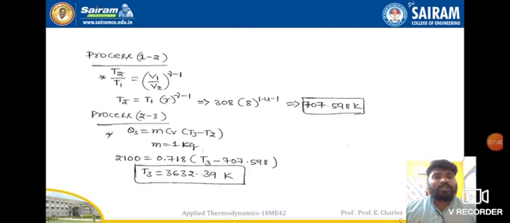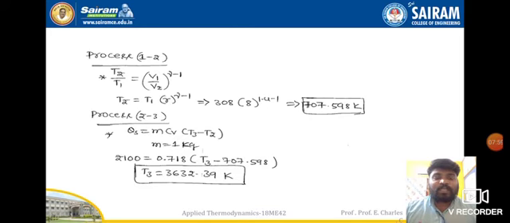Next we'll go to process 2 to 3. We know that process 2 to 3 is the heat addition process. Heat addition means QS is equal to M CV into T3 minus T2. As I told you earlier, we are taking mass as 1 kg, so it can be neglected.